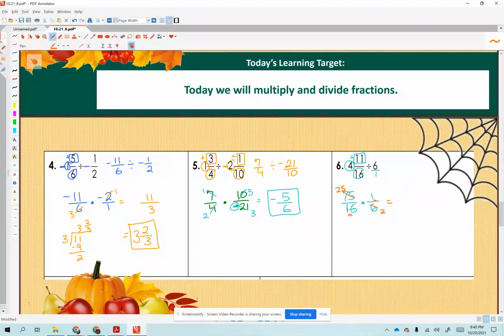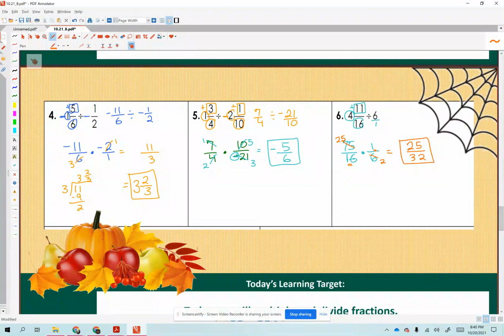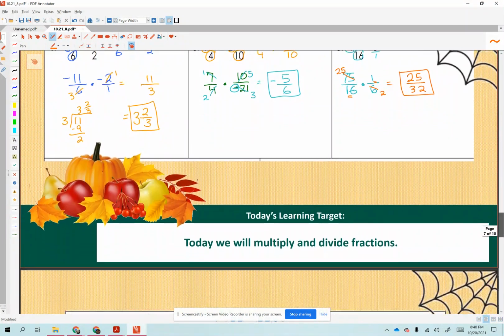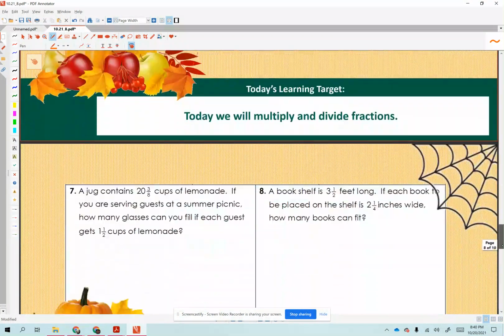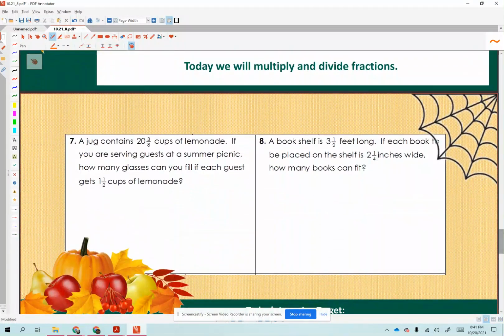So multiplying across, 25 times 1 is 25, and 16 times 2 is 32. And I can't simplify that anymore. That is done. I do not have any numbers that go into both 25 and 32. So 4 more problems, and then we're done.